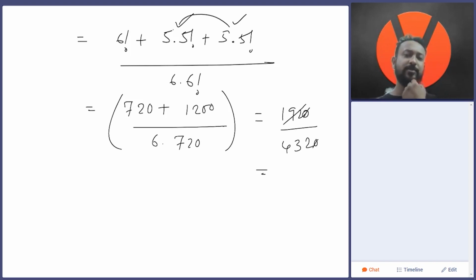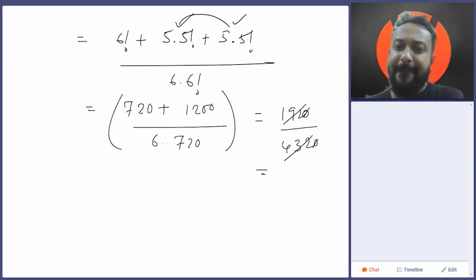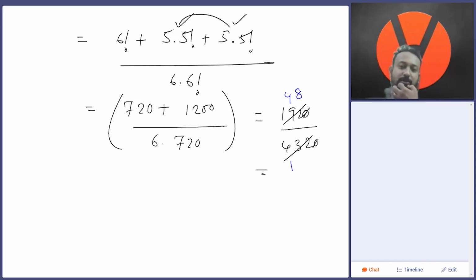Okay, if you just cancel, how much are we getting? 4 if we cancel. 4 fours are 16, 32, 48. Okay, got it. 4 ones are 4. Then how much?